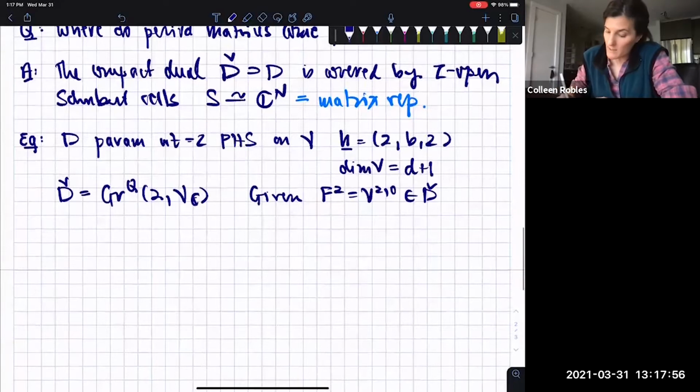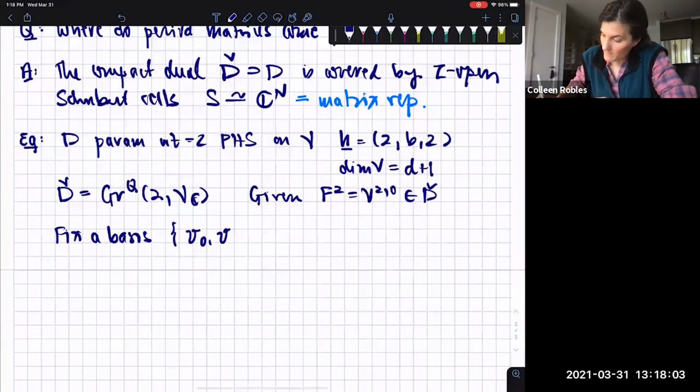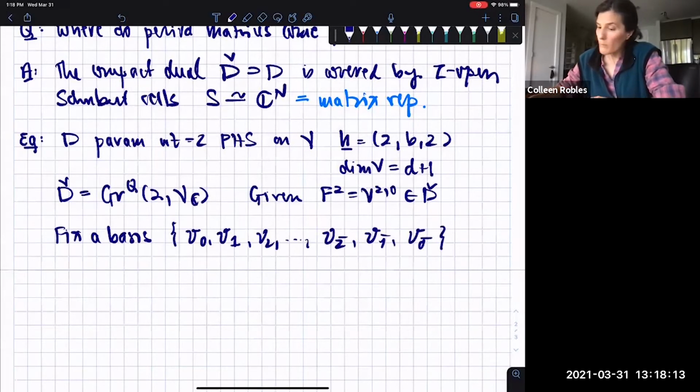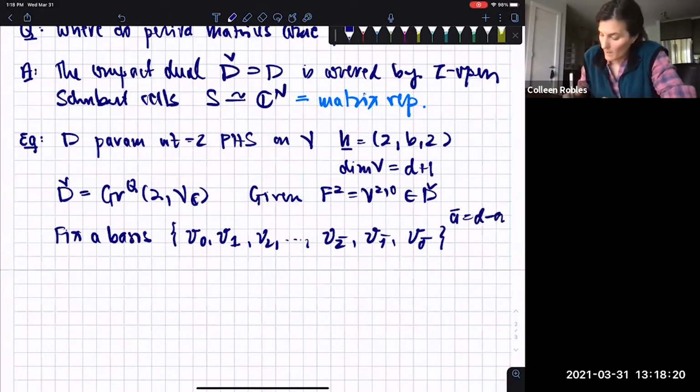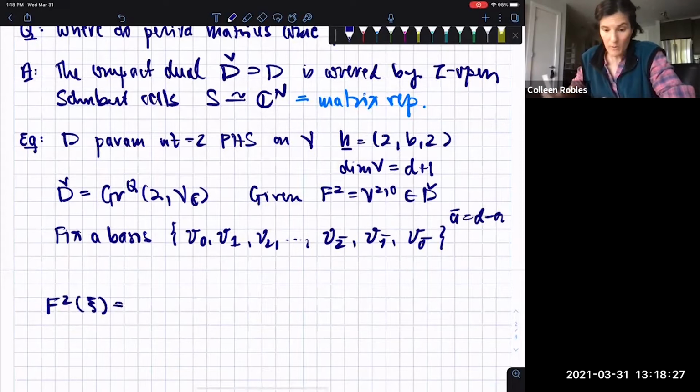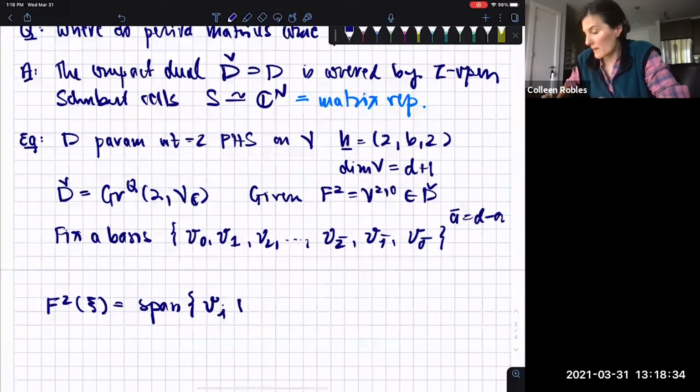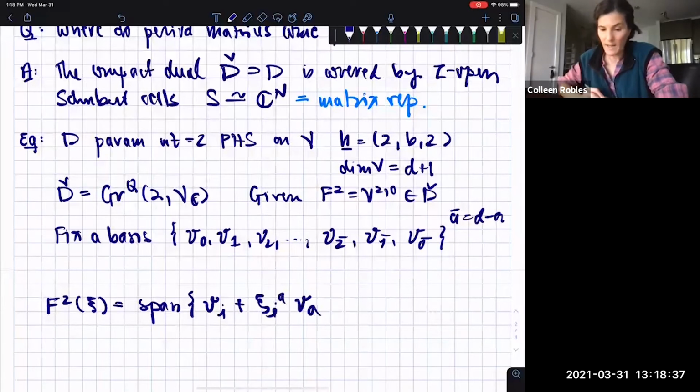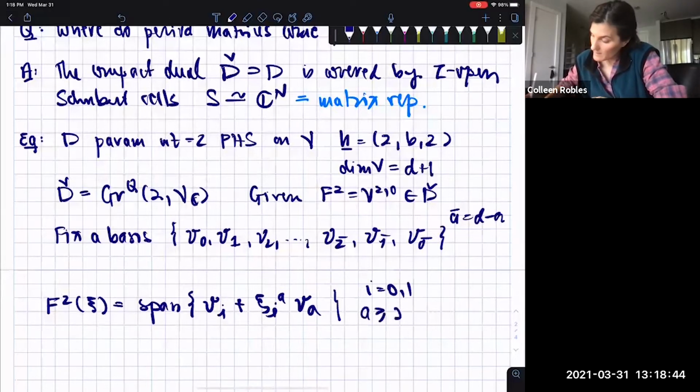So the way you do that is you fix a basis, which I'm going to index a little oddly, V0, V1, V2, and so on, all the way down to V2 bar, V1 bar, and V0 bar, where here, of course, A bar is D minus A. And then F2 will be the span of V_i plus c_iA V_A, where here we let i run from 0 to 1 and A is greater than or equal to 2.